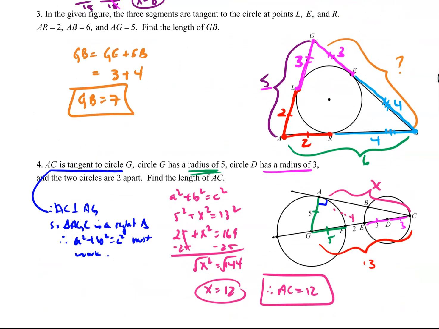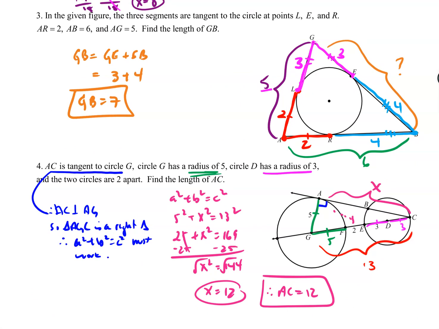All right, for question number 4, once again, knowing the properties makes this possible. AC is tangent to circle G, so that tells me that AC is perpendicular to AG, which then tells me that AGC is a right triangle, and that therefore the Pythagorean theorem must be true. So Pythagorean theorem, plug them in. They have 5 as one of my legs. We're looking for AC, which is the other leg. And of course, opposite the right angle is always your hypotenuse.